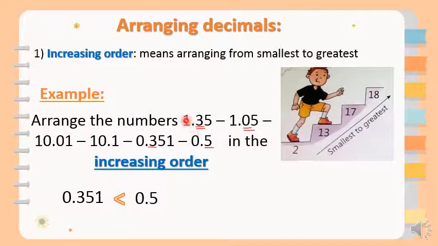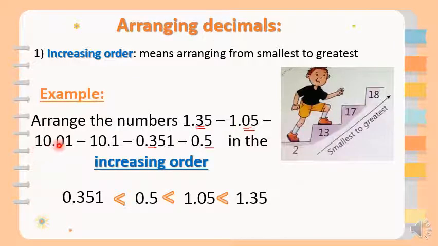Then I started with the 1 in the whole parts. They have the same whole parts. Then we go to the decimal part. Here I have 3, here I have 0. So this one is smaller. So we will have 1.05. Then we will have 1.35.